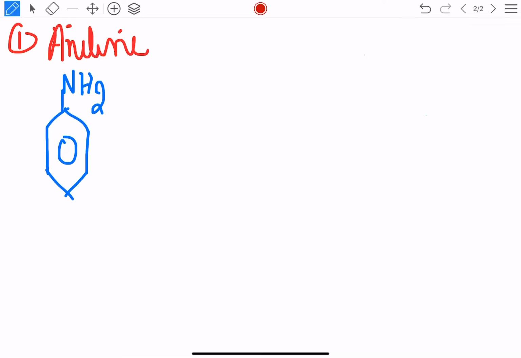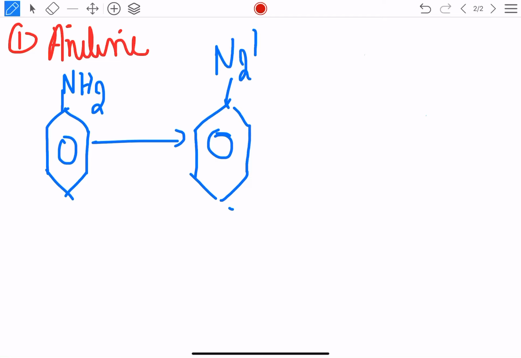Alright, so the first thing is we form a diazonium salt out of this aniline. That's what I'm going to do now. I'm sorry, the stylus is having some problems, that's why it is taking a little time to write. Diazonium salt means N2 with a positive charge, and a halogen, and the halogen we use for diazonium salt is chlorine.